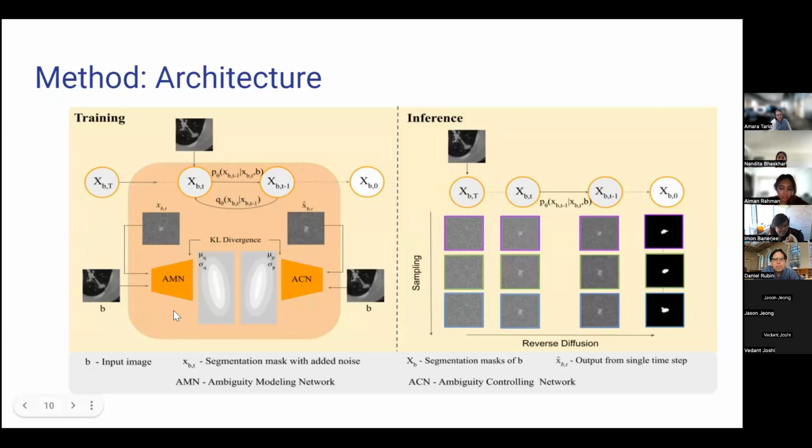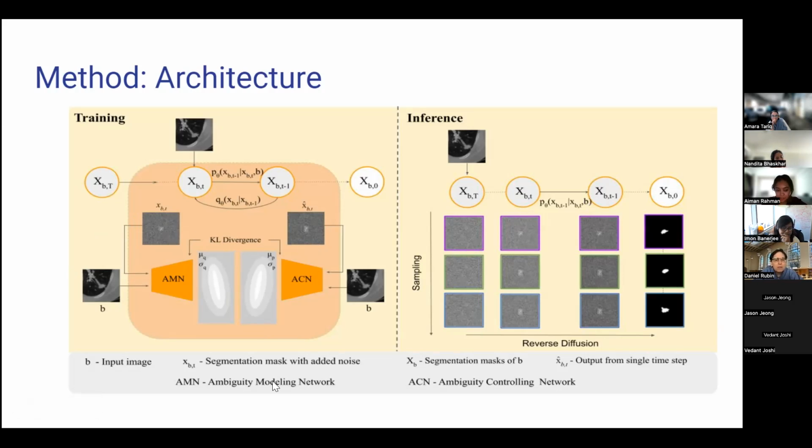Then for the same step, we pass that image as well as the output of the diffusion model for that particular step to another Gaussian encoder. Then you calculate the KL divergence loss and try to minimize it between these two. During the training of the diffusion model, you have the MSE loss for noise prediction, so you just add this KL divergence loss to it, and then you train your network.